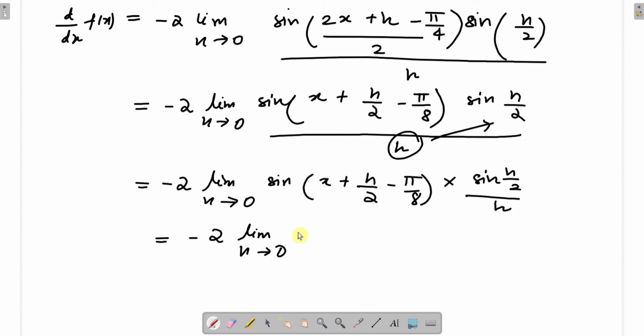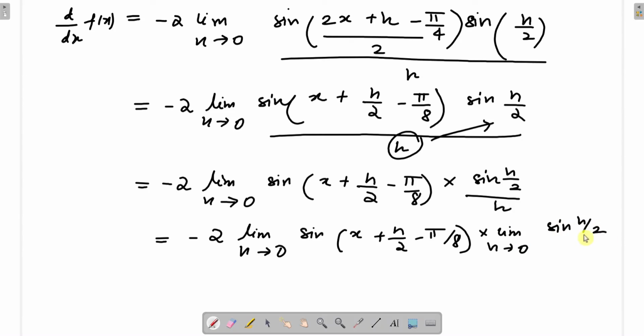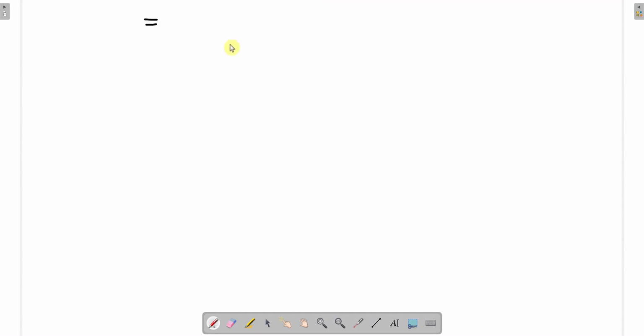So limit h tends to 0 of sine of (x plus h by 2 minus pi by 8), and multiplied by limit h tends to 0 of sine of h by 2 divided by, now we have to multiply and divide by 2 here, right, to get h by 2. So h by 2, and this half will come out here. Okay, so minus 2 divided by 2 we will get here. So now we can proceed. This will be equal to 2 and 2 will get cancelled, we will get minus limit, limit we can take now.